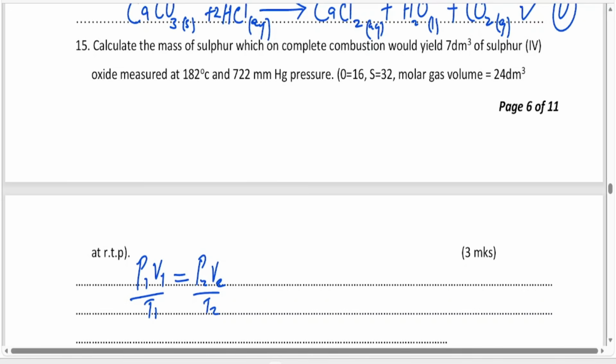Therefore, using whatever we are given in this question, let's arrange them: P1, V1, T1, then you have P2, V2, T2. So what we have?